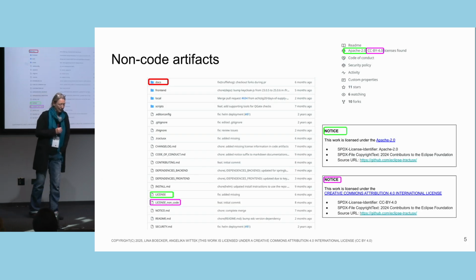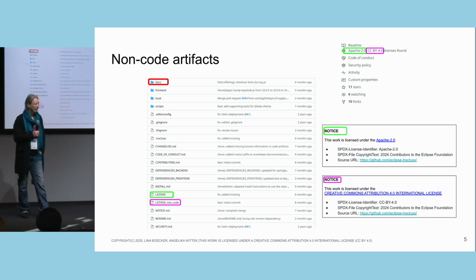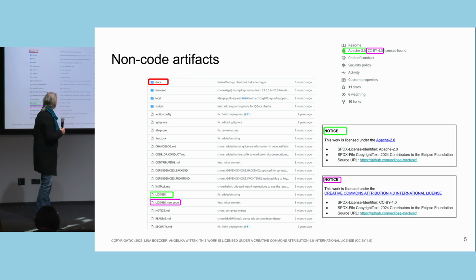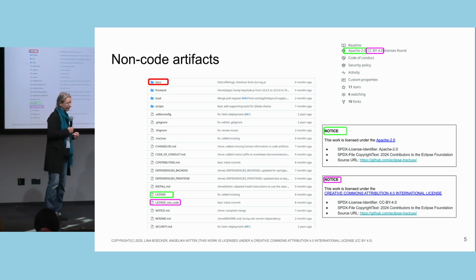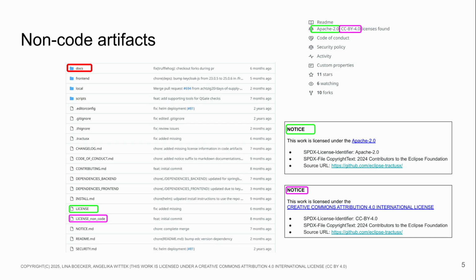So when it comes to the licenses, where to put them? We have another example. For example, we have a source folder and a docs folder. And you can see we have a LICENSE and we have a LICENSE-non-code. So the green license on the right side in the metadata, we can see it's Apache 2.0. So this is the default code license for this repository.